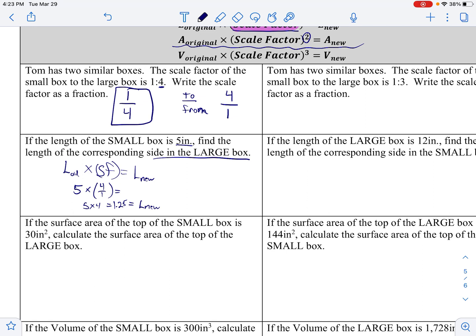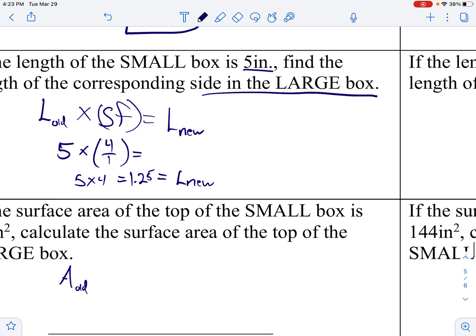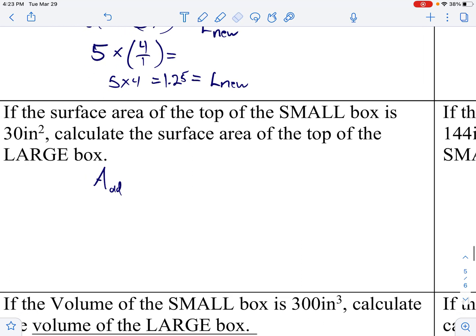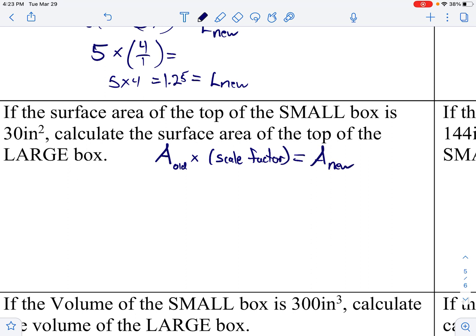So the area of my old box times my scale factor equals the area of my new larger box.